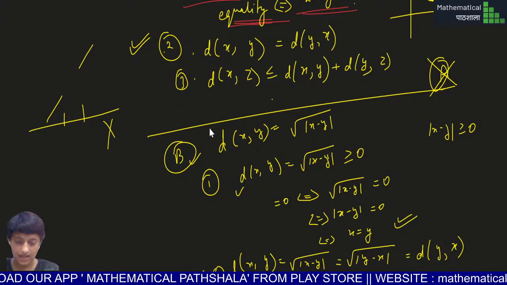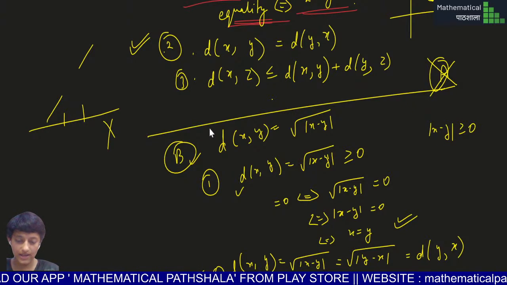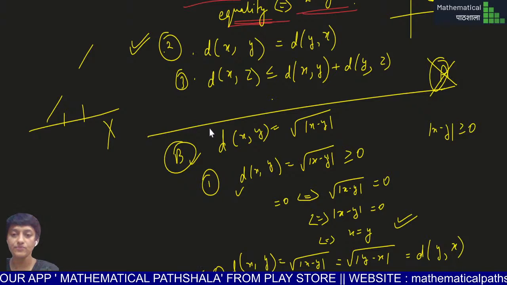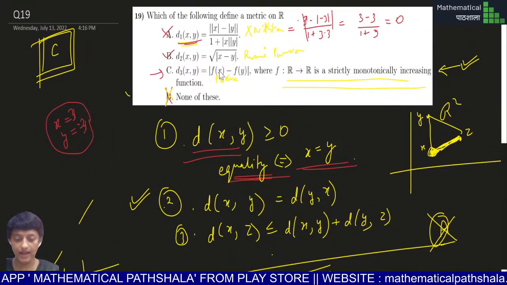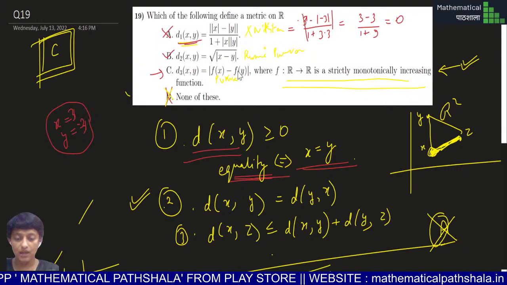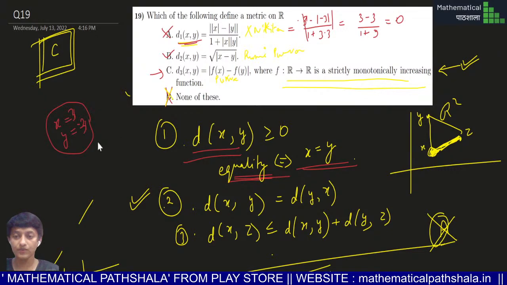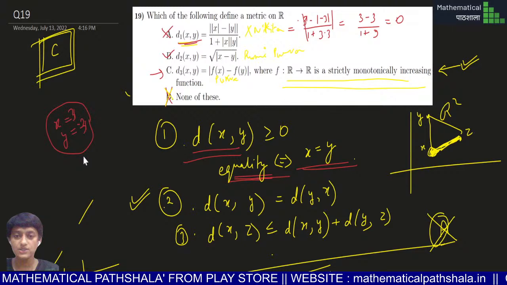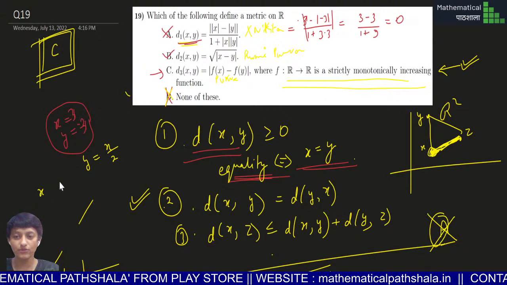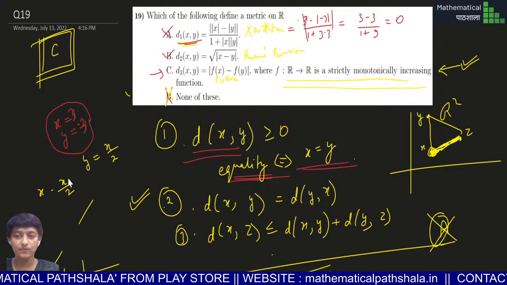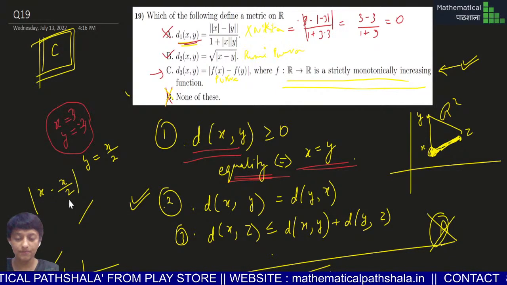Take fx is x, fy is x by 2, and x is 1, y is 1. Okay. He said fx is x, fy is x by 2. So he is taking y is equal to x by 2, I think. So f of x will become x, f of y will become x by 2, and we will subtract it. It will become x by 2.